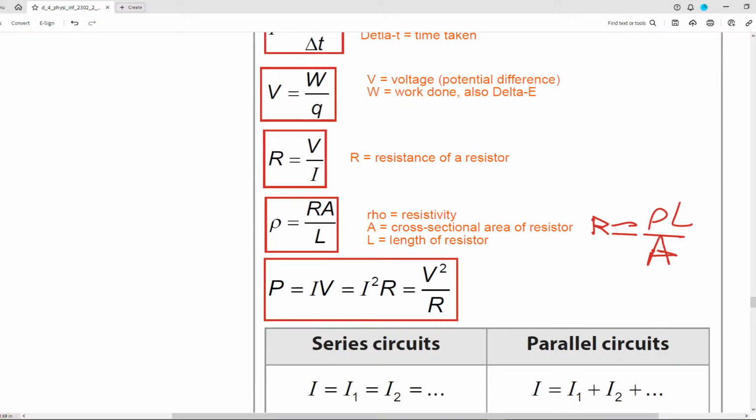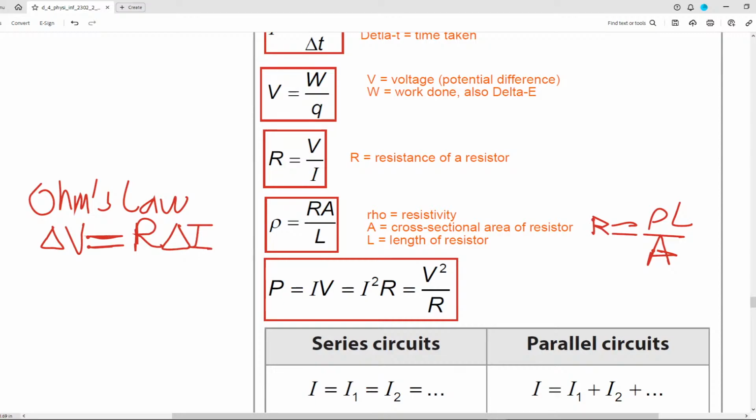Ohm's law is not the same as that formula. Ohm's law says a change in V is equal to R times change in I, which means if you graph the V-I graph, usually V is there, I is here, doesn't matter though, the line should be linear.